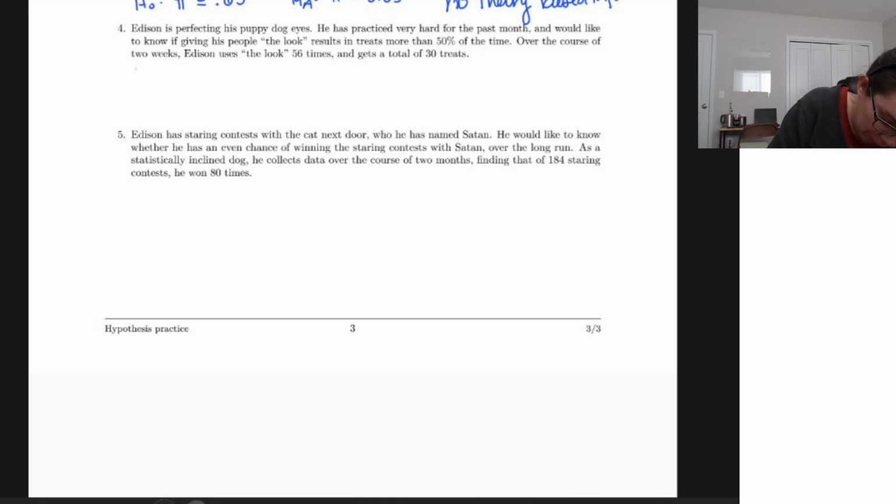All right, so pi equals long run proportion of treats after the look. Okay. Success is getting a treat.